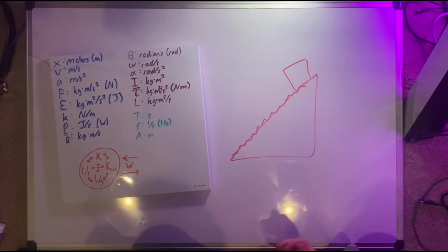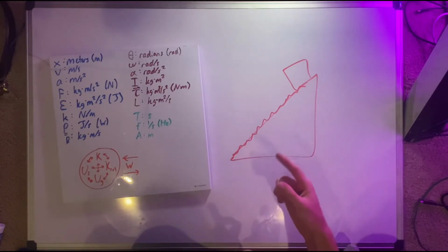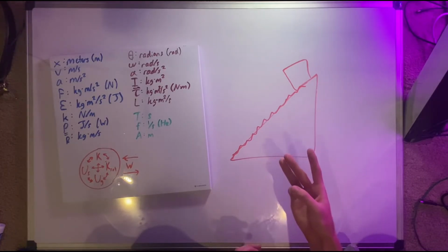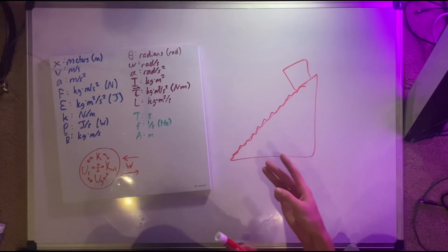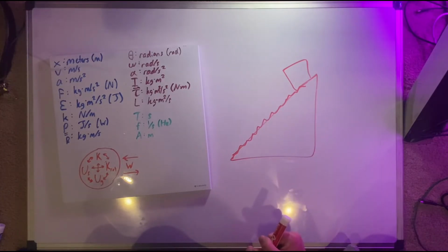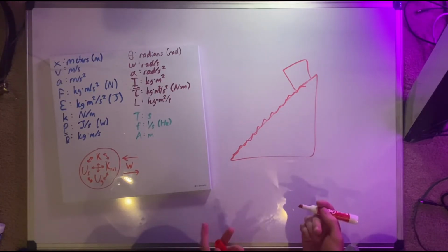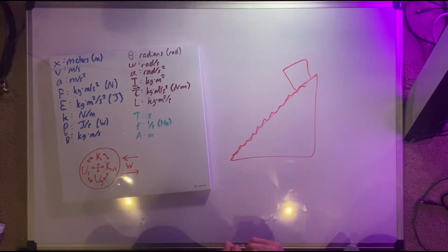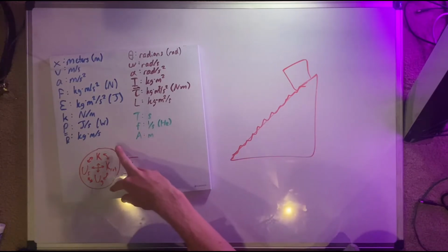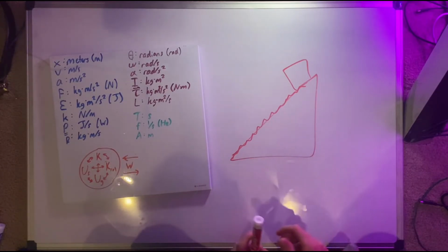But non-conservative work will convert it into something that it can't be converted back into one of these other things, like thermal, like sound. Those are the main ones, really. So in other words, heat and sound are the main two, and I'm probably forgetting one other, but you can probably just assume that if it's not one of these, then therefore it's non-conservative work.